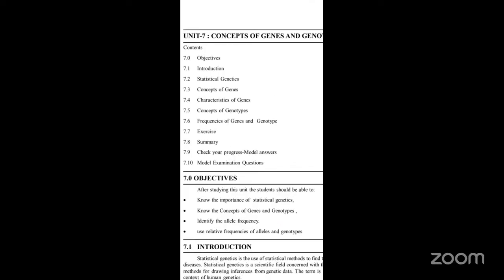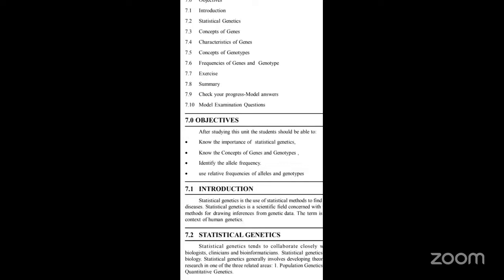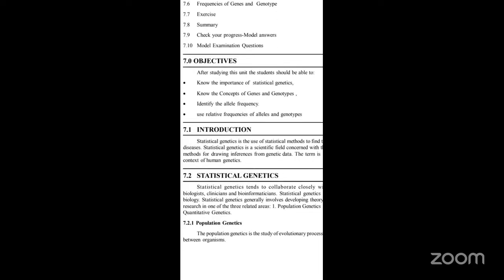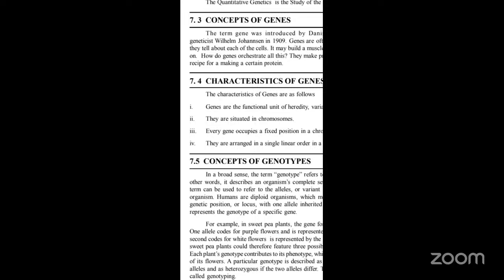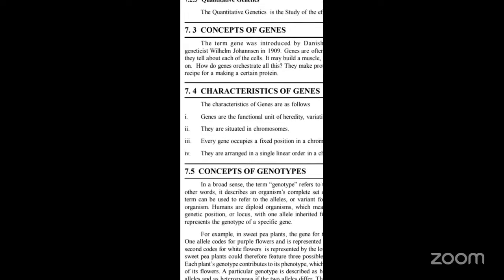The main objective is to know the importance of statistical genetics, the concept of genes and genotypes, allele frequency, and the relative frequency of alleles and genotypes. So here is some statistical genetics. We have population genetics and the characteristics of genes, and we also learn the concept of genotypes.